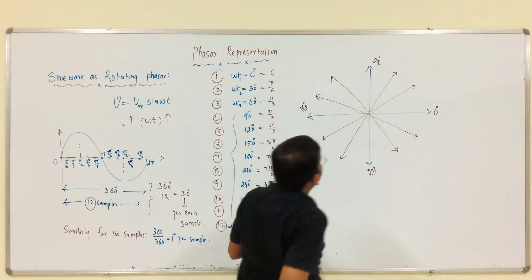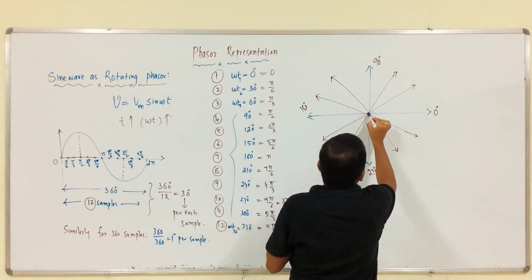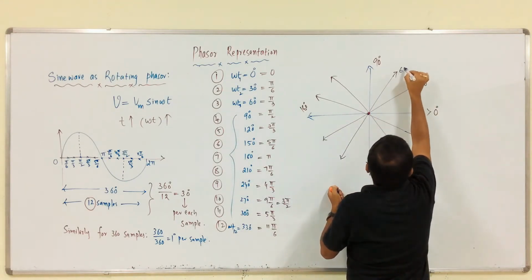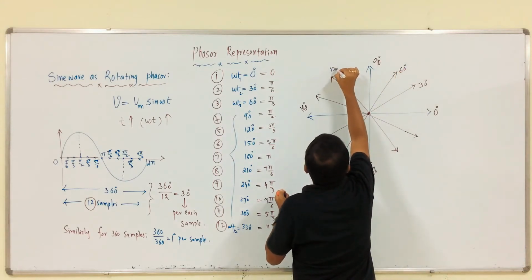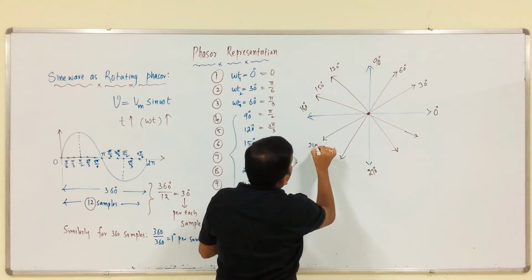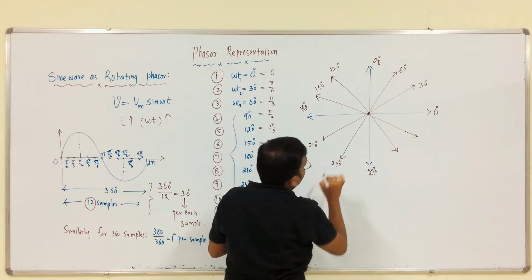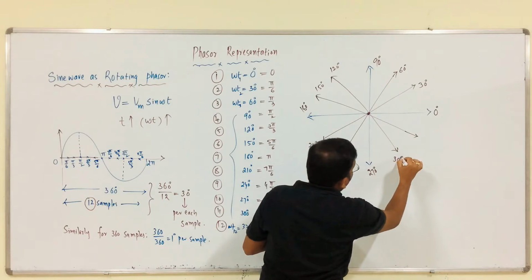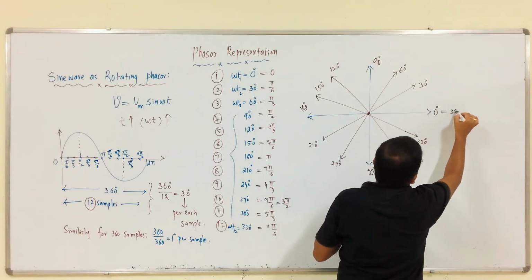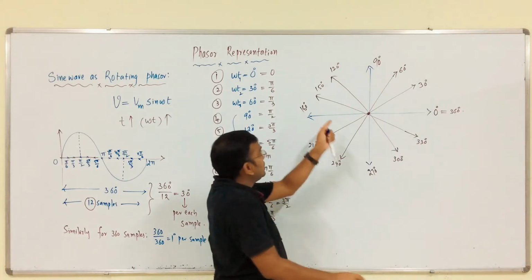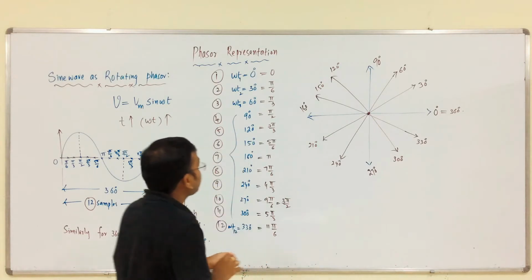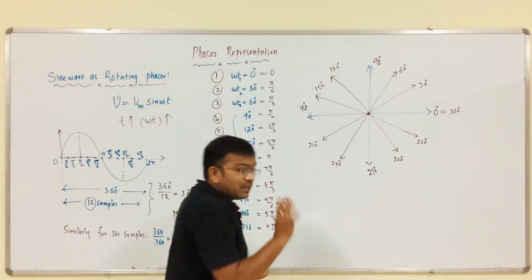Approximately we will get like this. So, this is 30, 60, 90, 120, 150, 210, 240, 300, 330, which is nothing but 360. This is the representation of 12 samples in a plane.